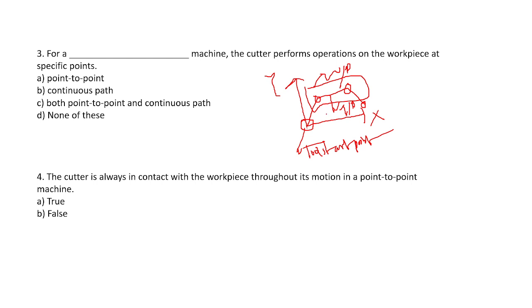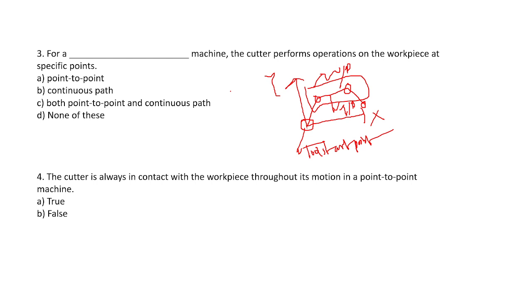So in point to point programming, we are bothered only about the starting point and ending point. We don't bother about the path it traces towards the output, okay. So you can move only one axis at a time. P2P is basically the first primitive programming in machine tools.